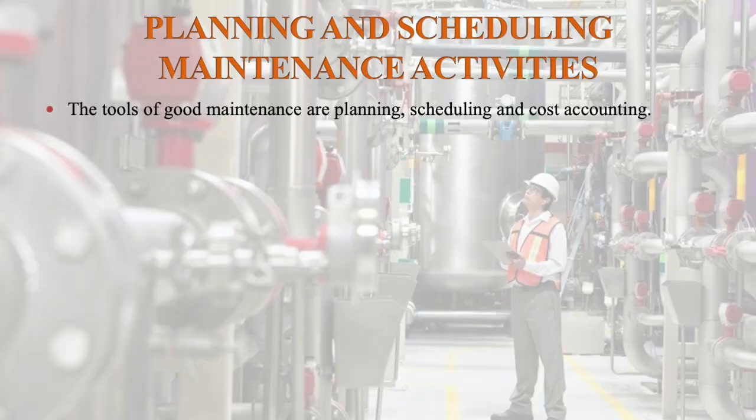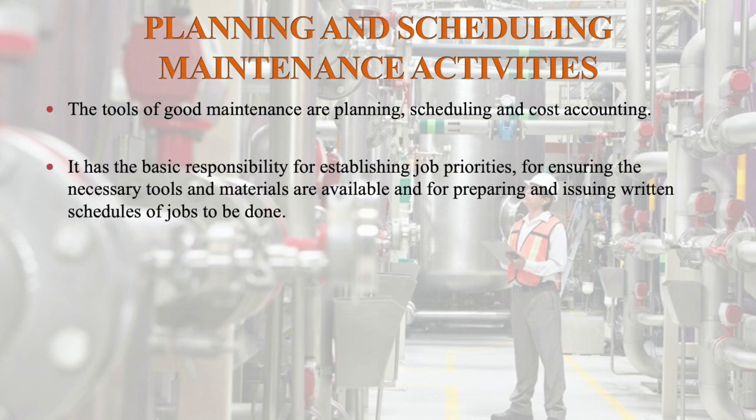Planning and scheduling maintenance activities. The tools of good maintenance are planning, scheduling, and cost accounting. It has the basic responsibility for establishing job priorities, for ensuring the necessary tools and materials are available, and for preparing and issuing written schedules of jobs to be done.